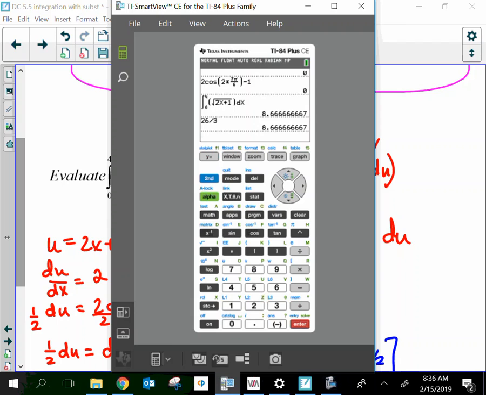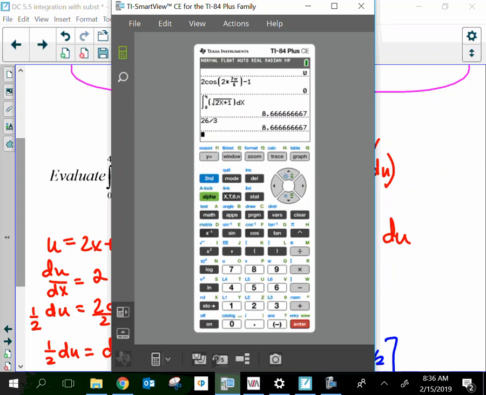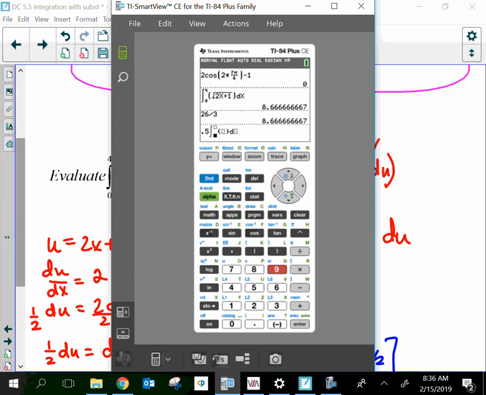All right. If you put in the other one, I forget what it was. This one, 1/2. Let's see. 1/2. Math 9. What was it? 1 to 9.